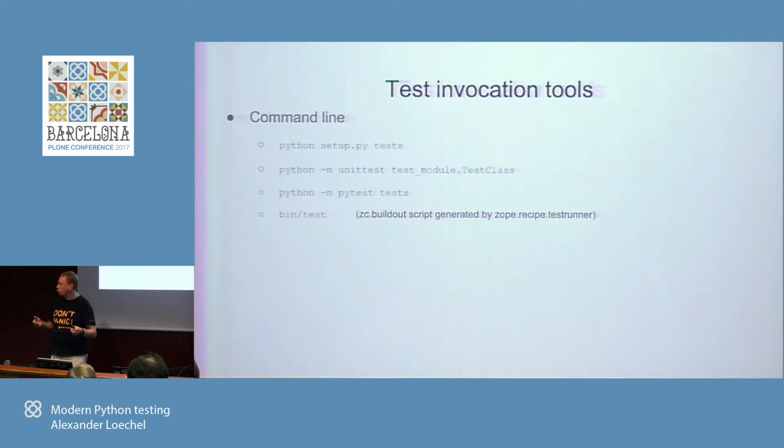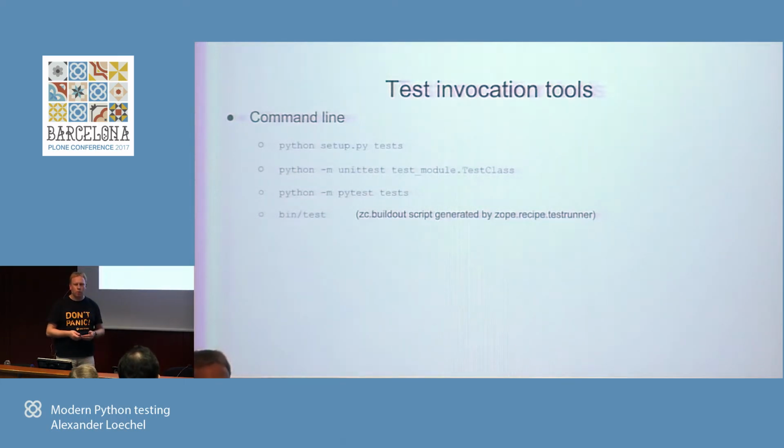Or if you're doing buildout like the Plone people, you have normally something like zope.recipe.testrunner in it. It generates the script test in the bin folder, you execute it, and it runs all the Python, the Plone tests. So yeah, that's the basics.